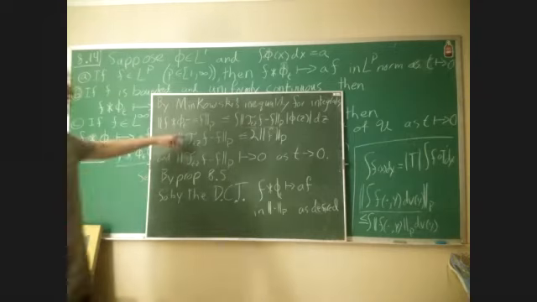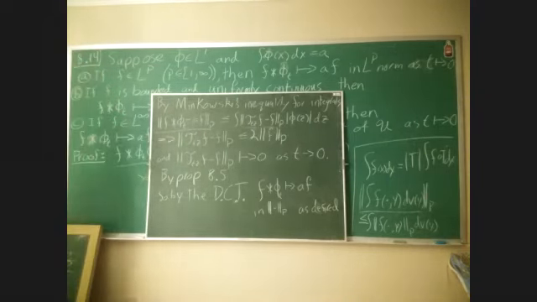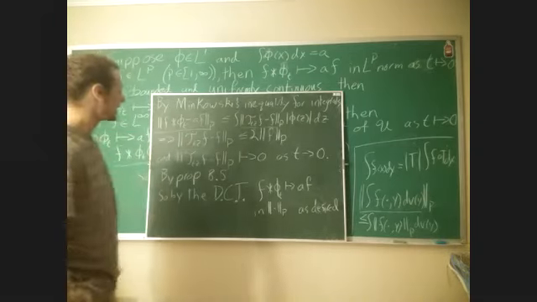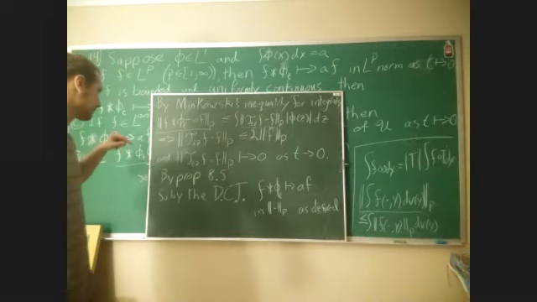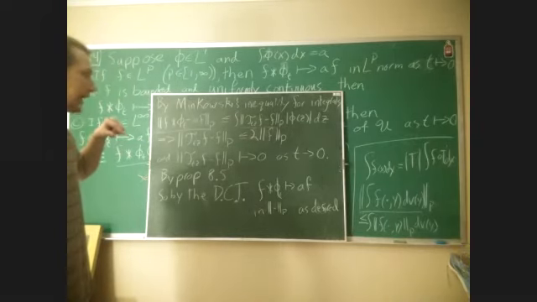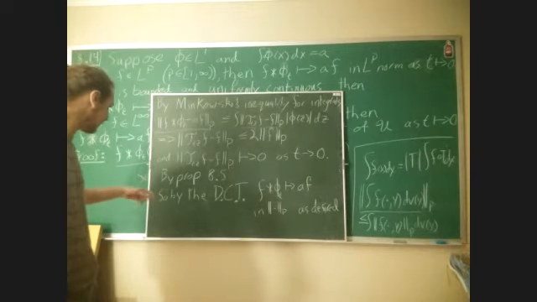So what we have now is that the thing we were trying to show, f convolved with phi sub t minus Af, is bounded by an LP function.